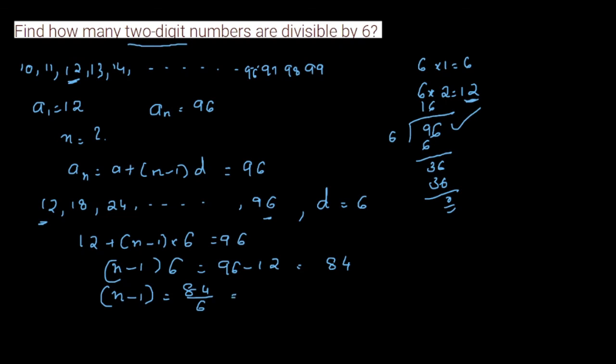So 8 by 6, 6 goes in 8 one time. Then here this is 24. Balance is 2 and 24. 6 goes in 24, 6 4s are 24. 4 times, right? So n minus 1 is equal to 14. n is equal to 14 plus 1 is equal to 15. So how many numbers are there? 15. 15 two-digit numbers are divisible by 6.